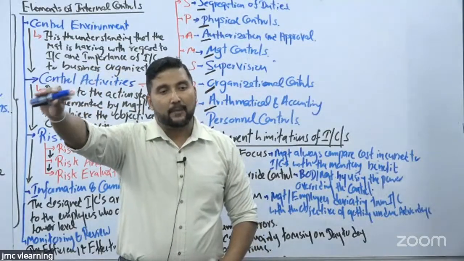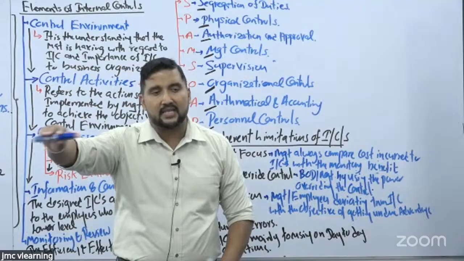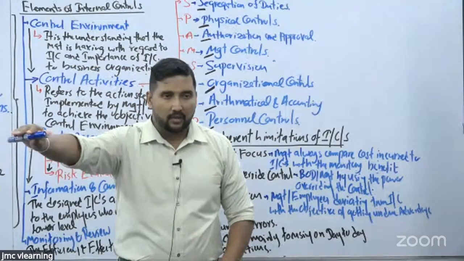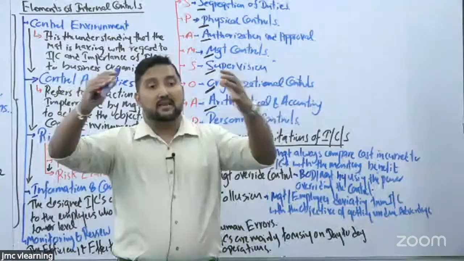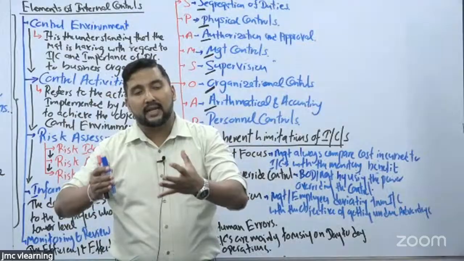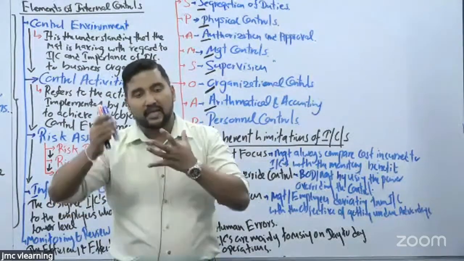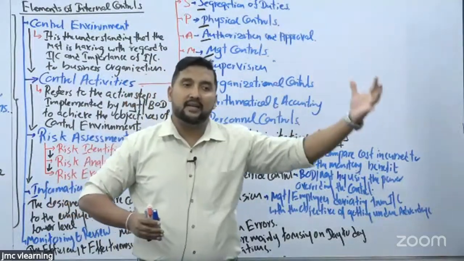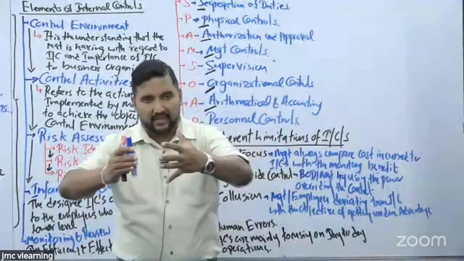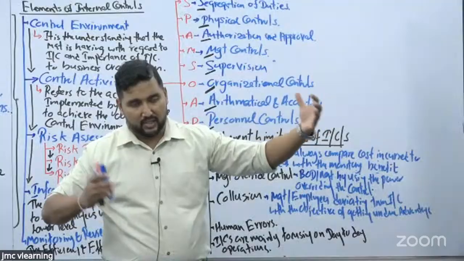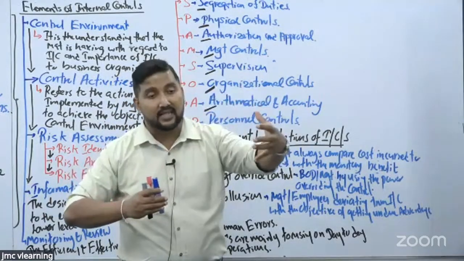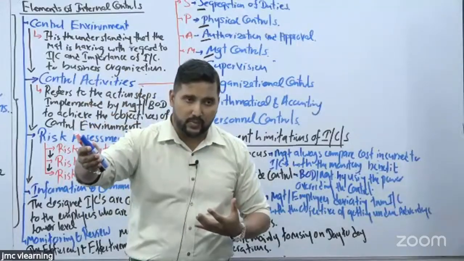Despite whether they are happening on a regular basis or not, it is better to have internal controls for ad hoc transactions as well. Agreed? Because if something happens on ad hoc transactions, the magnitude of that error is much higher than a day-to-day transaction. Agreed? So therefore, internal controls have to be there for day-to-day transactions as well as for ad hoc transactions.